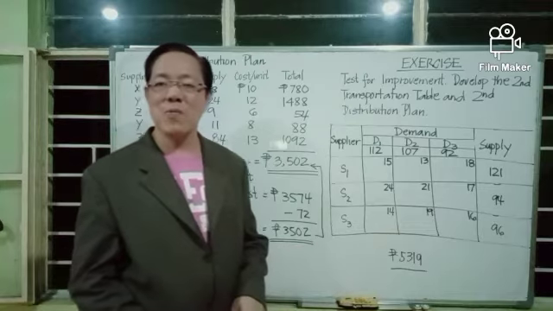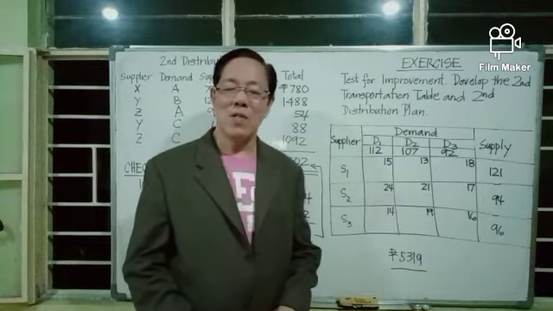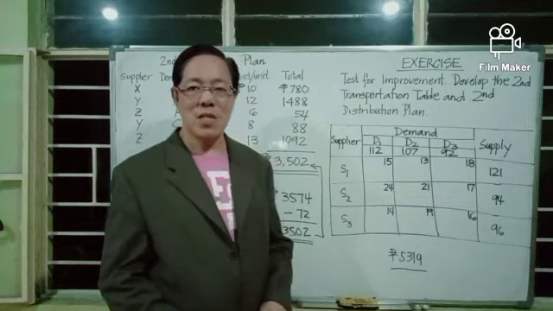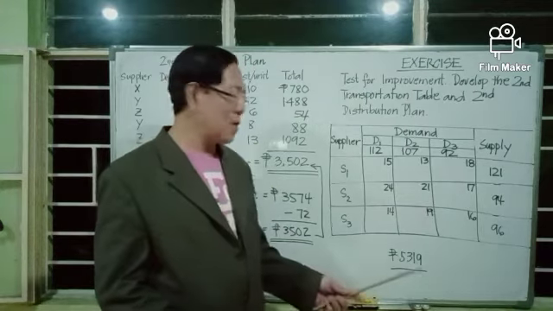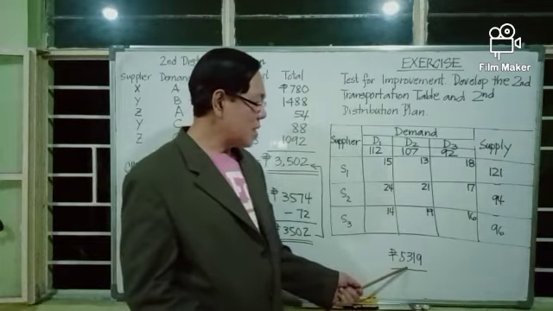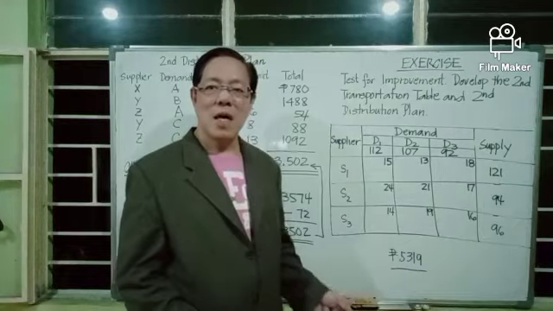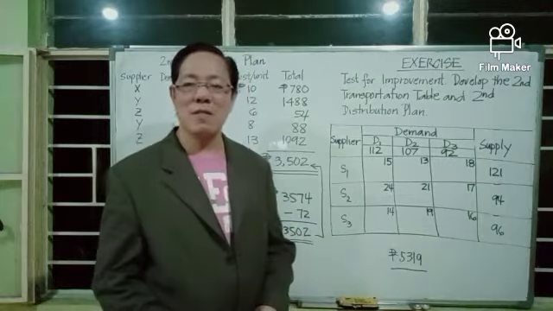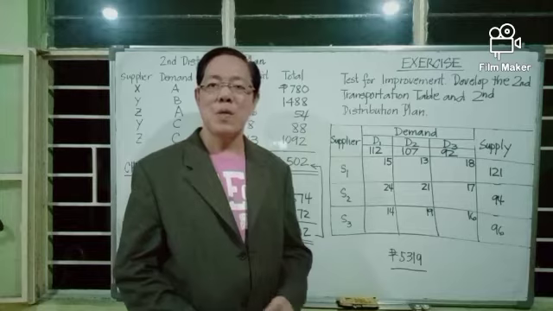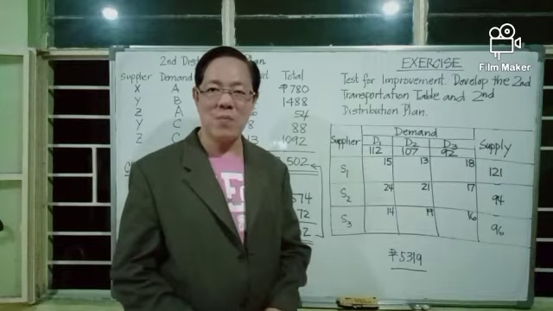And I also gave you the answer for the initial transportation cost, which is equal to 5,319. And from your initial transportation table, you proceed now with the test for improvement.